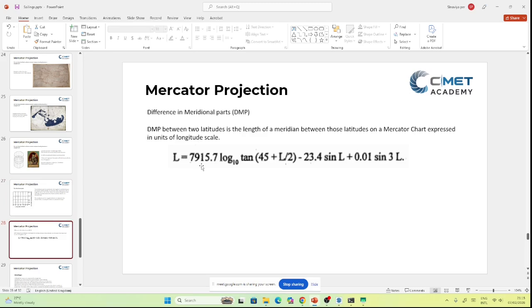So in a spheroidal earth, if you are good in mathematics and good in computers, you can insert this formula into an Excel sheet, and you can easily find out the meridional part for this latitude. Okay, are we clear, guys?